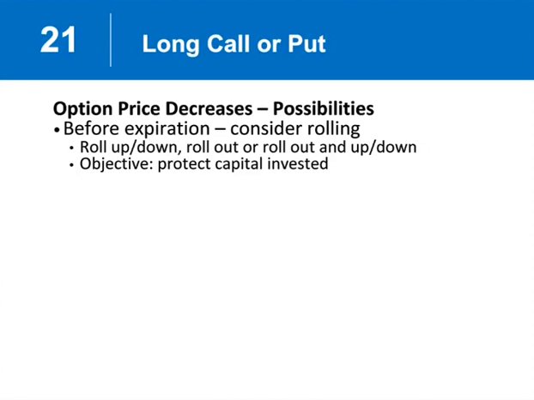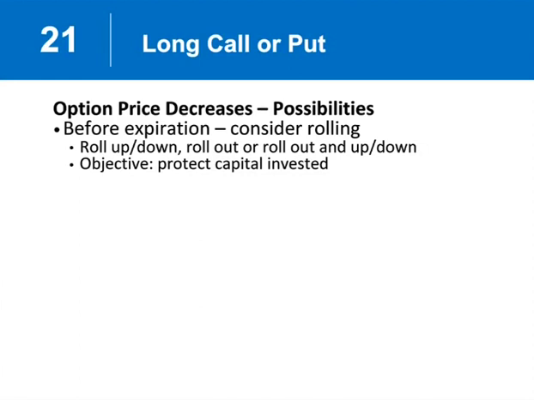So again, this is not for the novice option user, but as you build your base of knowledge, these are very viable, really not very complicated potential ways to roll around a position going bad. And then the other choice, you can roll up or down and also out all at the same time.